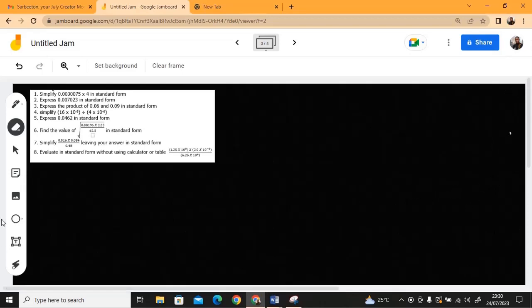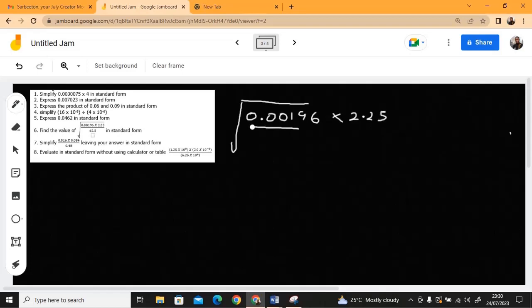Now let's go down. Now the other one, this is square root. It's getting complex now. They give you square root of 0.00196 times 2.25 over 62.5.